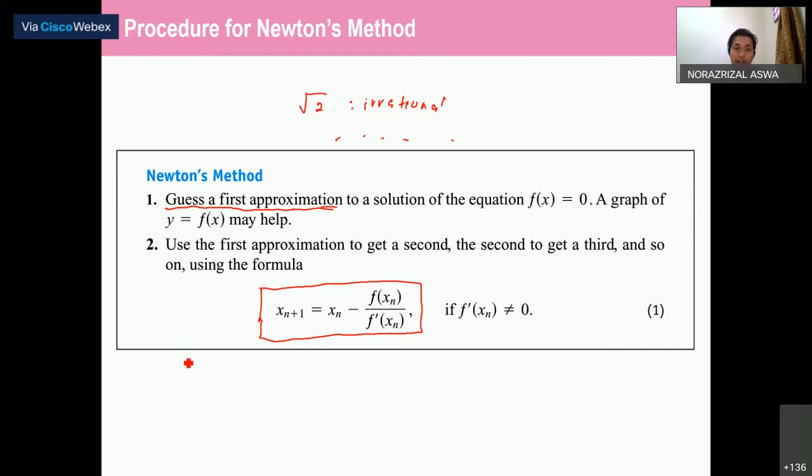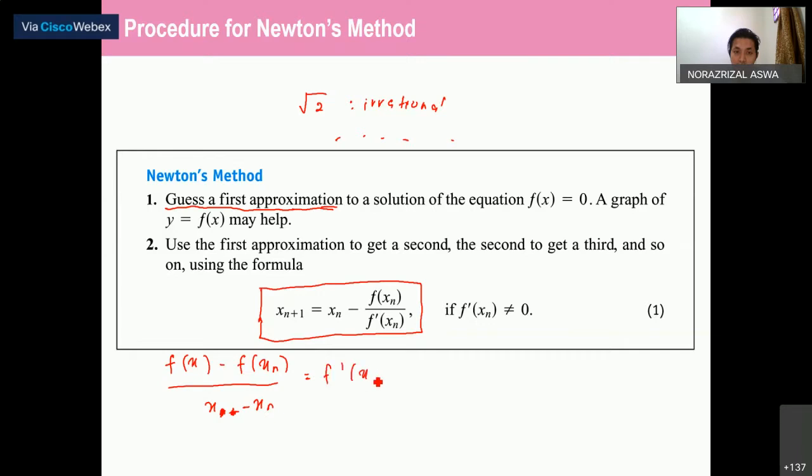So let's play around with the formula. Basically, initially we have x_{n+1} minus x_n equal to something.